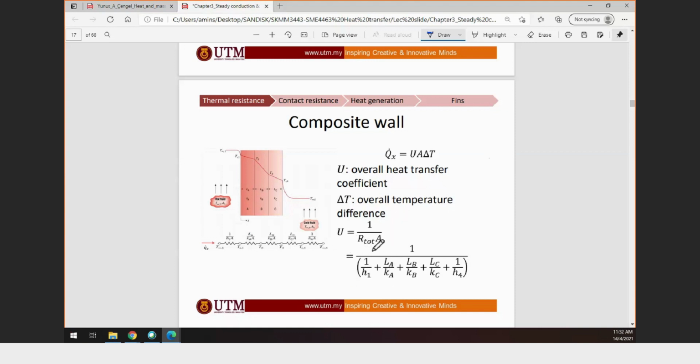In the textbook they introduce the U term. What is the U term? The U term is another way to represent the total resistance of the multiple layers. So the overall heat transfer coefficient is basically the R total in terms of a heat transfer coefficient.